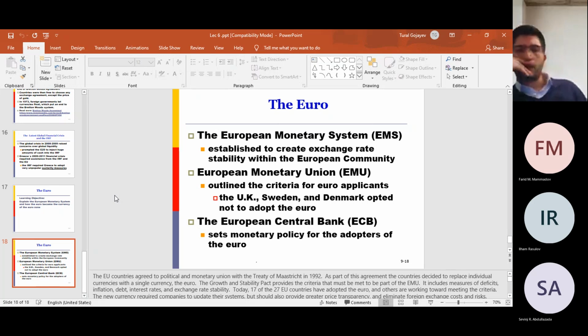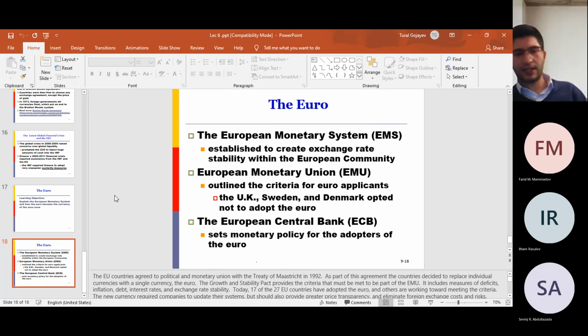So the European countries agreed to a political and monetary union with a treaty. The Treaty of Maastricht, in 1992. In the year 1992, the Treaty of Maastricht in the Netherlands was signed by some European countries. After this, do you remember the creation of the euro?